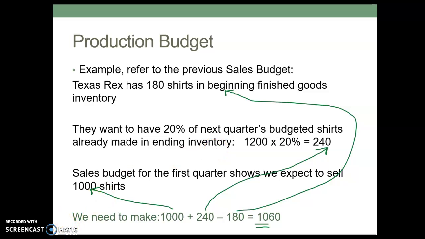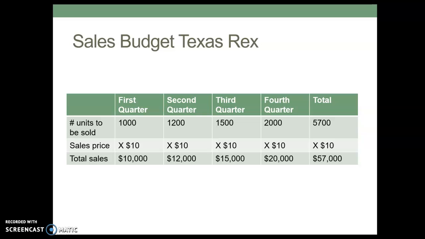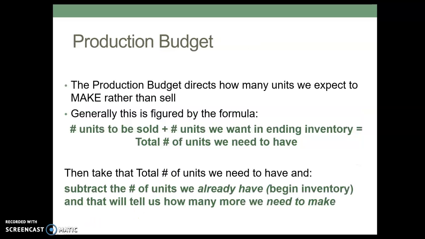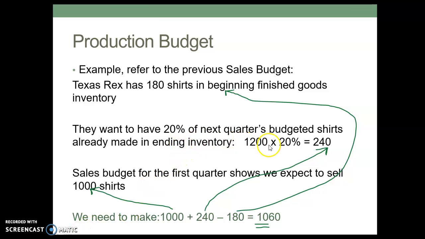So if I go back, the second quarter, we expect to sell 1,200 units. And I want, at the end of the first quarter, 20% of those to be already made and sitting there ready to sell. So the 1,200 that we expect to sell in the second quarter times 20% is 240 shirts that we want to be sitting in finished goods inventory by the end of March.